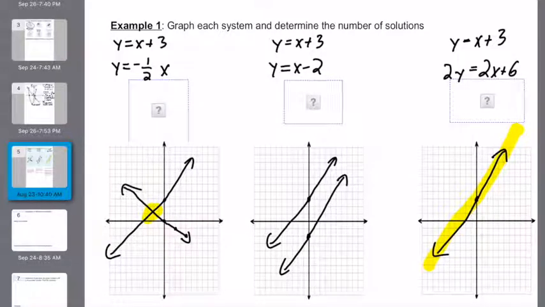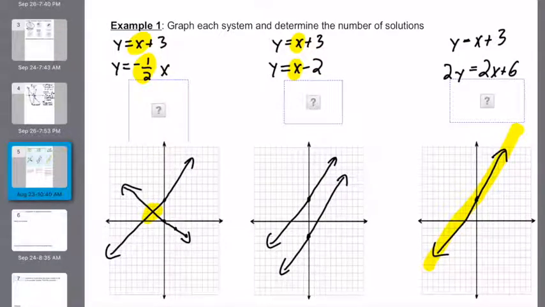So what we see then is that if we have a different slope, we're always going to end up with one intersection point.